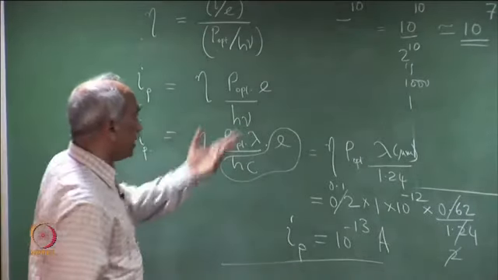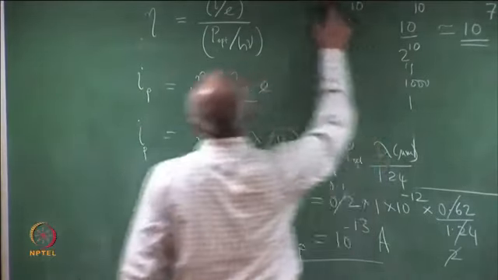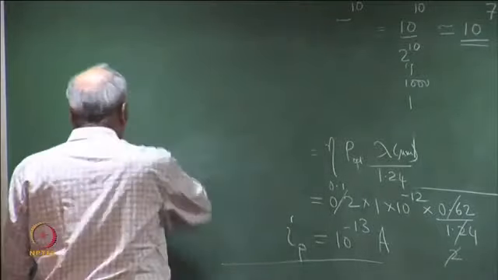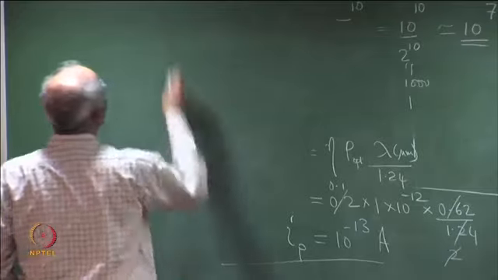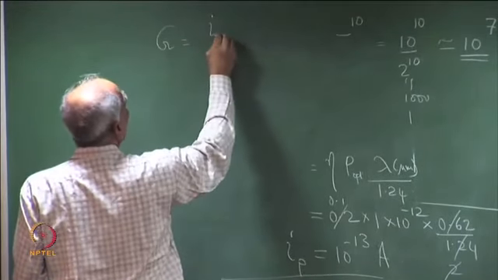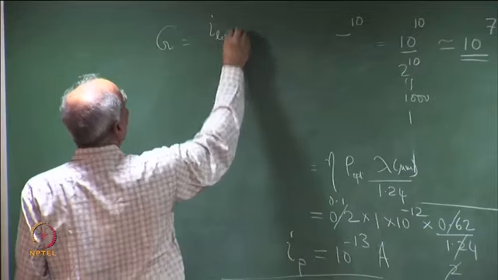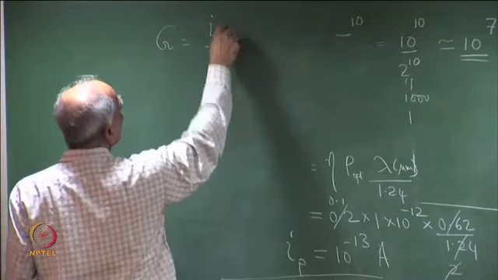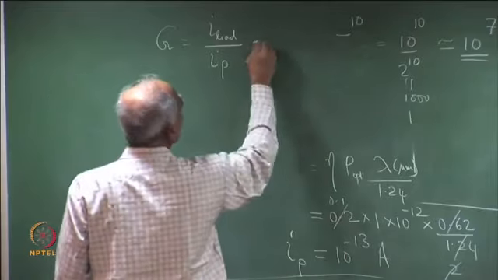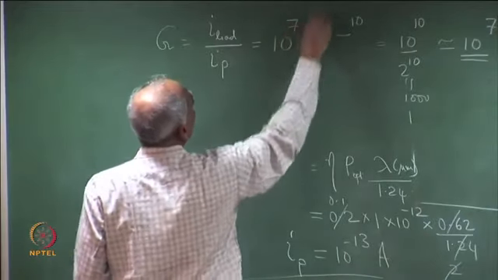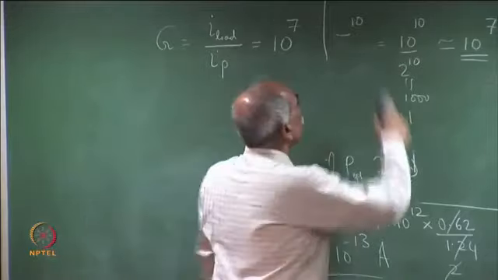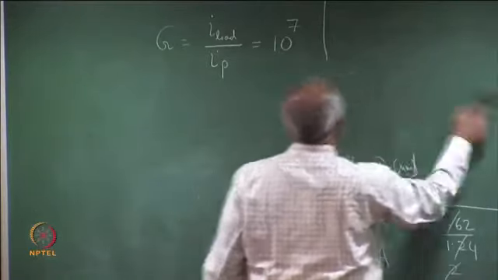However, the current which comes out at the output has a gain of 10 to the power of 7. So the gain is equal to the output current at the load resistance divided by the primary current, and this is equal to 10 to the power of 7, the number which we have calculated here.